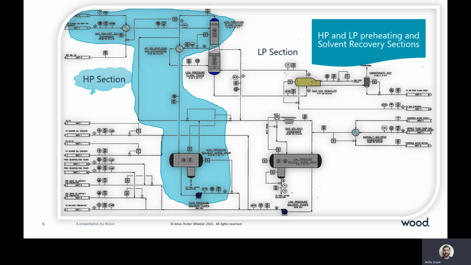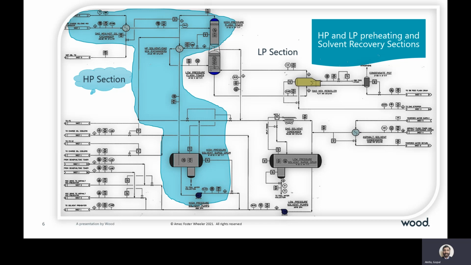The RDC column's overhead is preheated and sent to HP flash tower, which is on the top of the sketch. The solvent vapors from this tower exchange heat with the bottom liquid of the same vessel, condense, and then get collected in the HP solvent drum shown at the bottom. A HP solvent pump pumps this solvent and sends it to the extractor column.